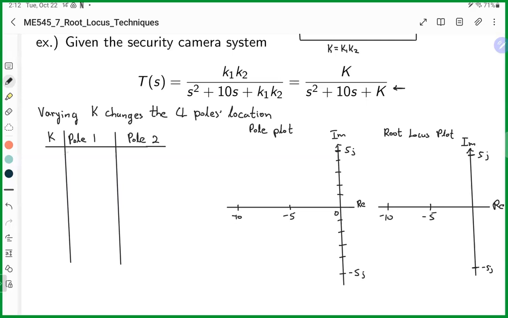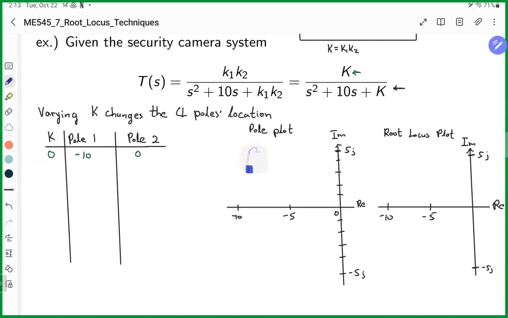So let's say I let k equal 0 as my starting point. Then we have s squared plus 10s, meaning we have a pole at -10 and a pole at 0.